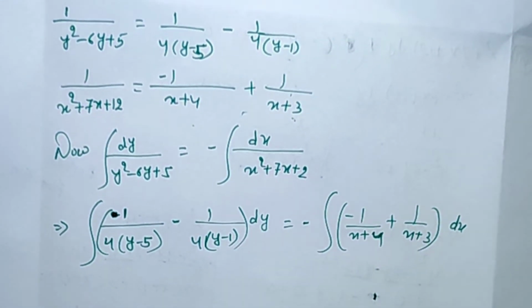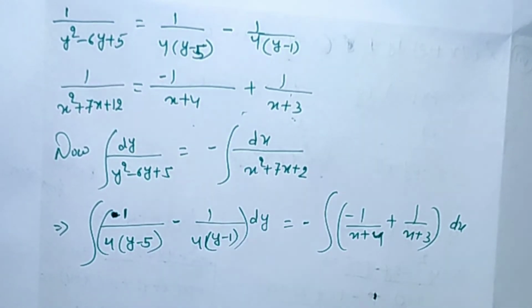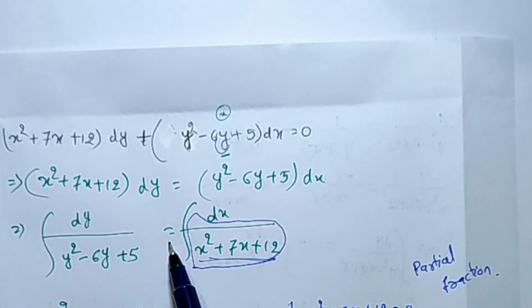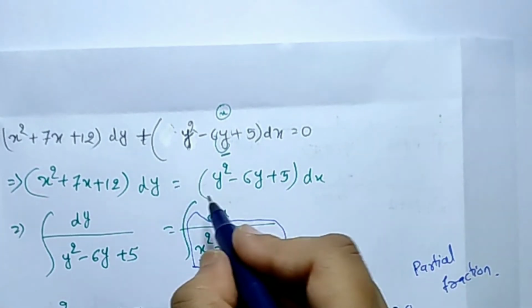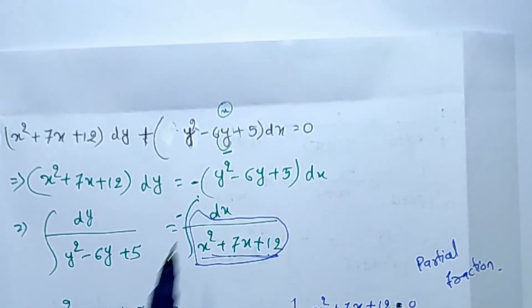Now our question is given that dy by y square minus 6y plus 5 is equal to minus dx by x square plus 7x plus 12. Here there is a minus term. This plus on the right hand side will be minus.